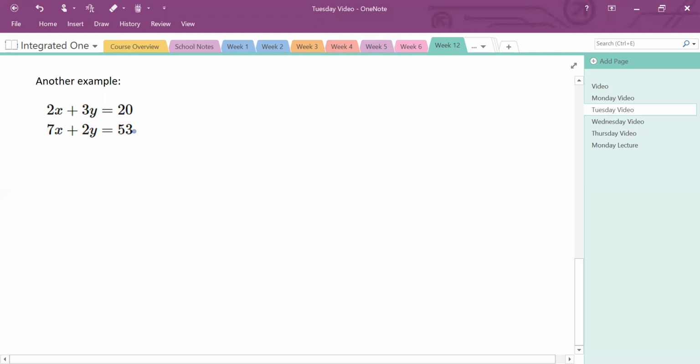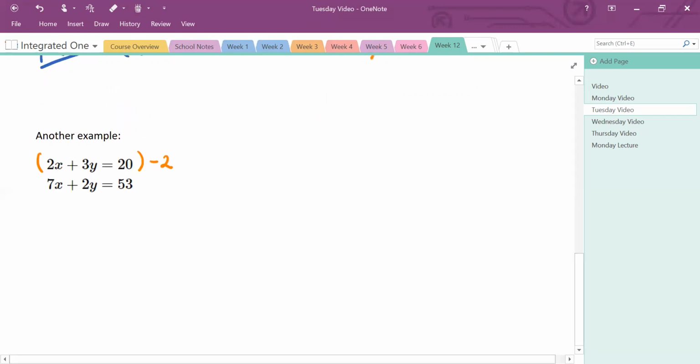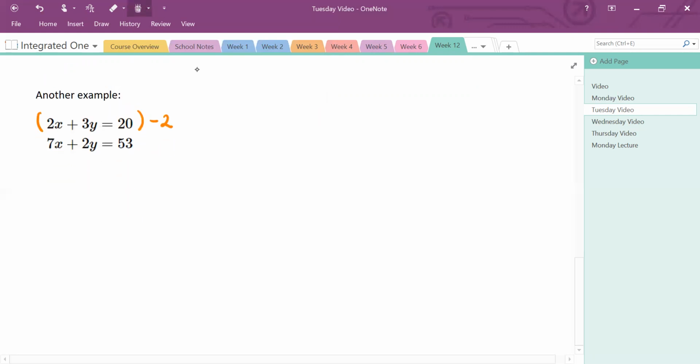The way that makes it easier for me to think about it is I'm going to multiply the top one by negative 2 and the bottom one by 3. The goal is to get negative 6y and positive 6y.